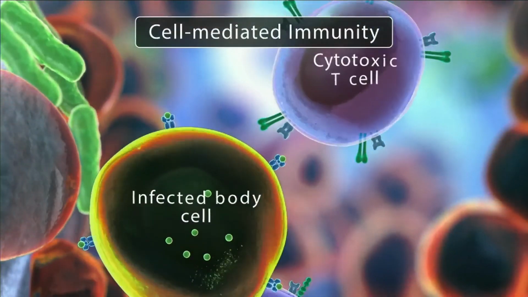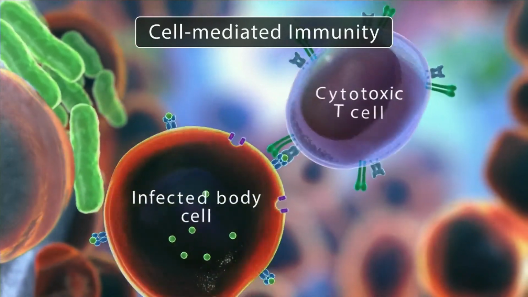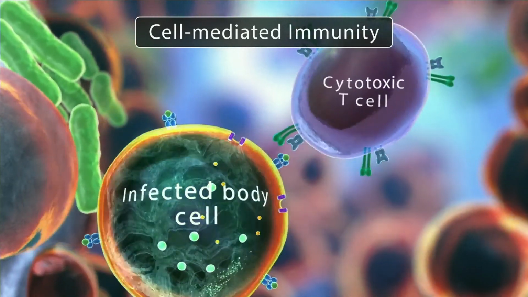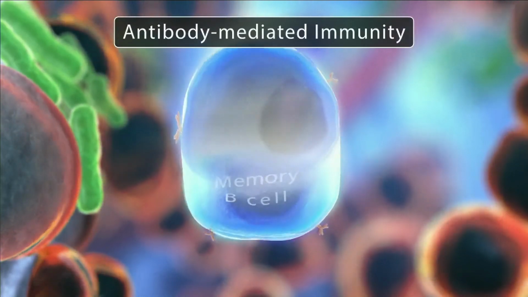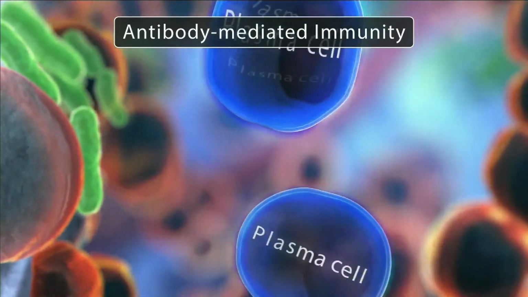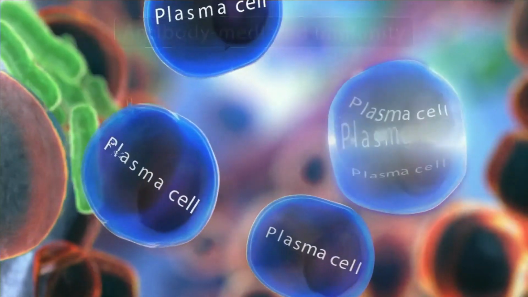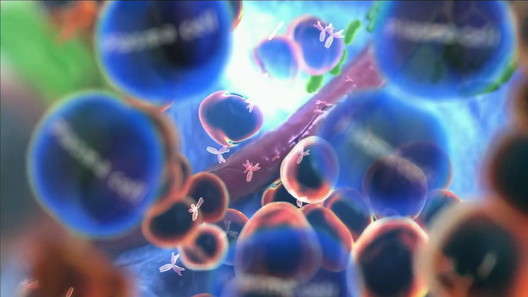One response, cell-mediated immunity, occurs when T lymphocytes directly attack and destroy diseased or foreign cells. The other process, antibody-mediated immunity, does not involve direct lymphocyte destruction of invaders. Instead, B lymphocytes release antibodies into the blood and interstitial fluid to neutralize pathogens.